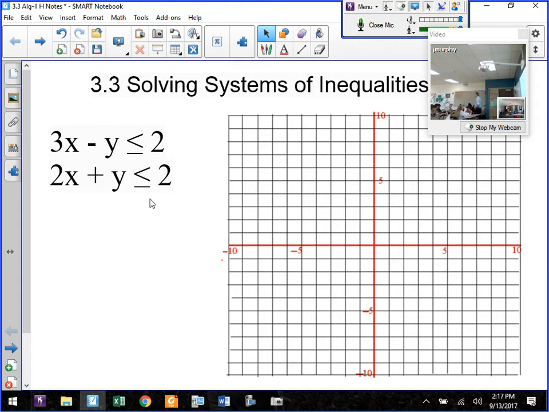The only thing that is different between what we've done with a single inequality versus what we call a system of inequalities is that we're going to graph 2 of them on one piece of graph paper. That is the only difference between what we've done in the past versus today. We are going to look at a shaded overlap area.